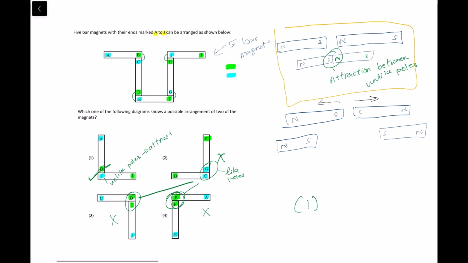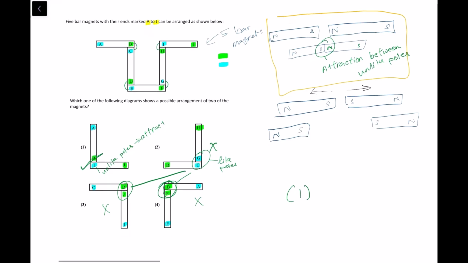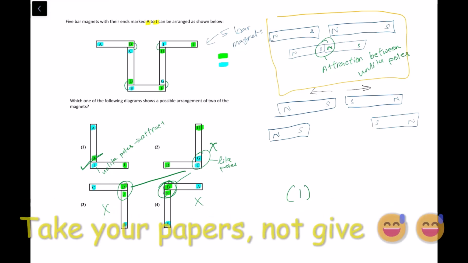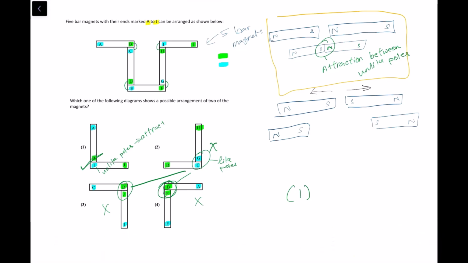My advice would be that if you want to continue with this type of annotation, you should start applying this method in your practice papers, so that by the time you sit your papers, it shouldn't be much of a problem.